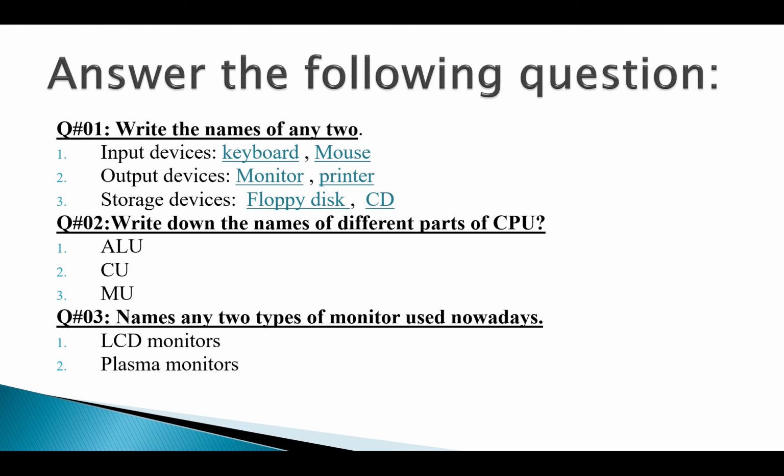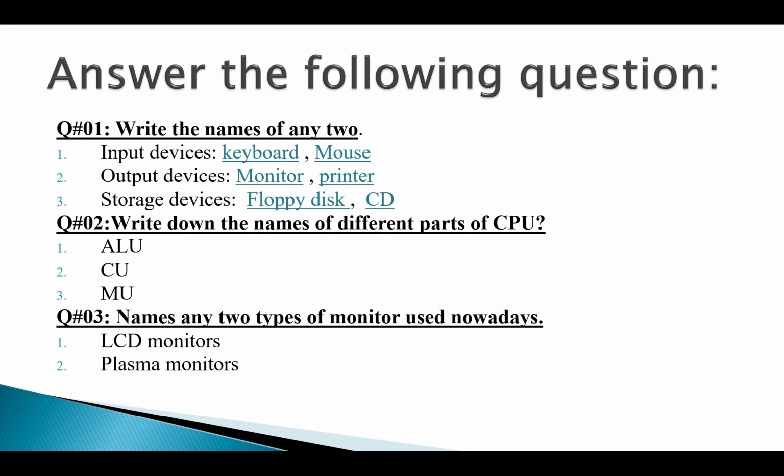Question number 2 is write down the names of different parts of CPU. We have to tell the names of the different parts of the CPU. So first one is Arithmetic and Logic Unit, ALU.